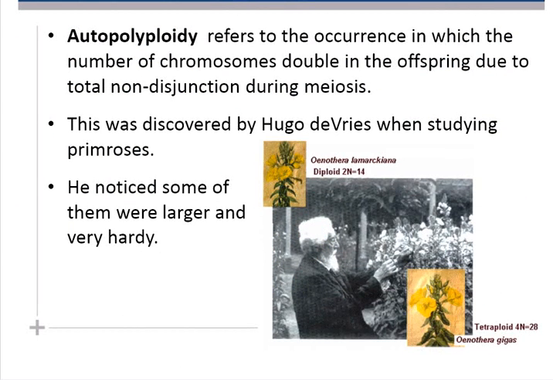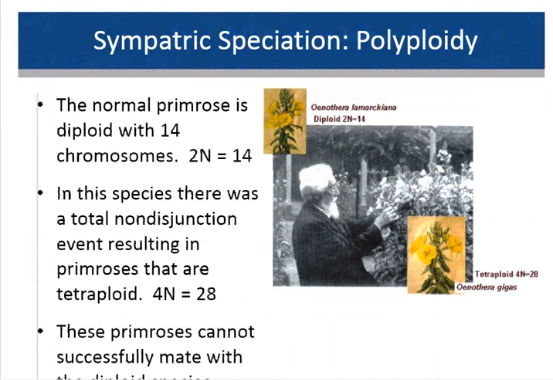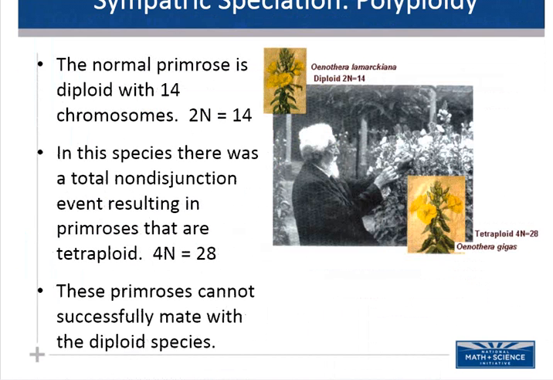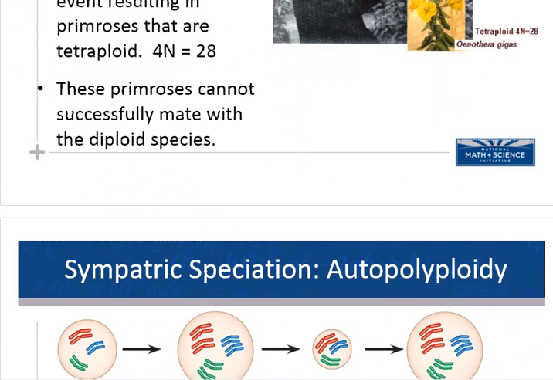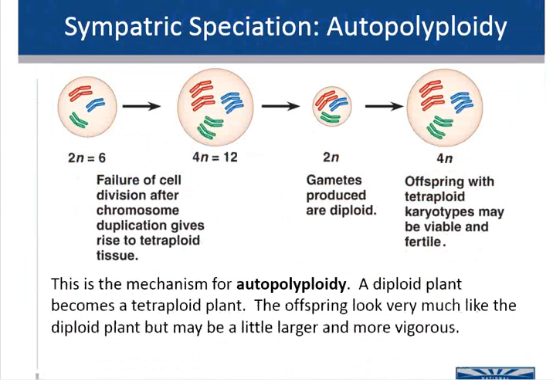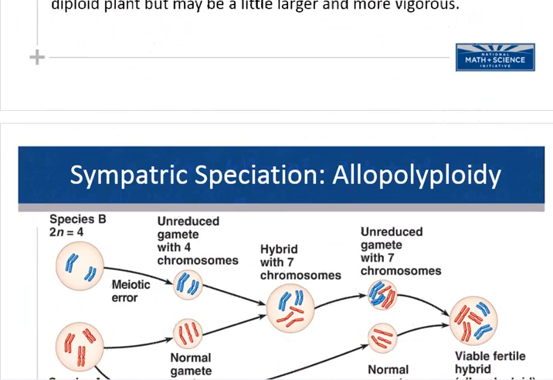There's another example, the primroses. Explanation of the process I just talked about. And if you prefer diagrams over words, here's a diagram of the exact same process we just discussed.